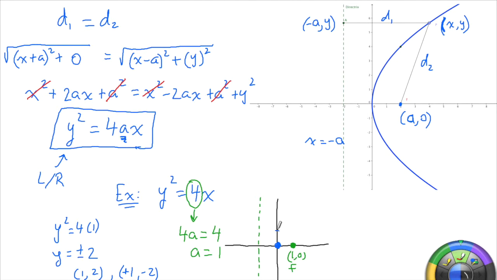So we would go 2 up and 2 down, and these points also become part of the graph, and the distance between these 2 points right through the focus is called the latus rectum, and therefore we get a parabola that looks like that. So it's not a hard idea, it's actually kind of easy.